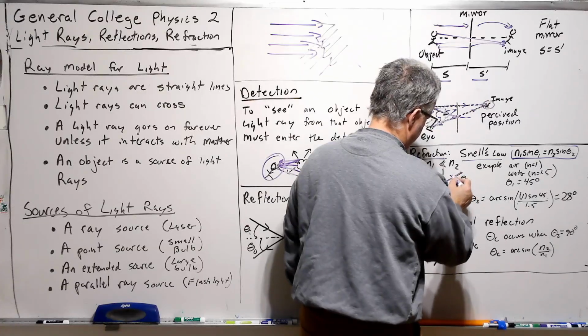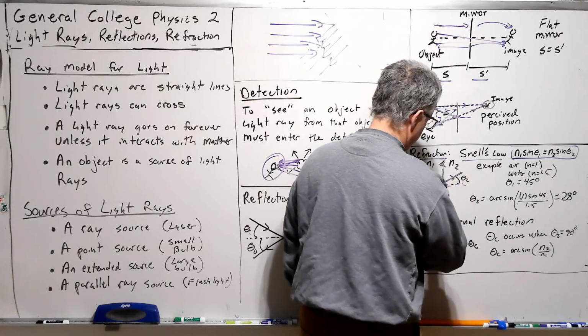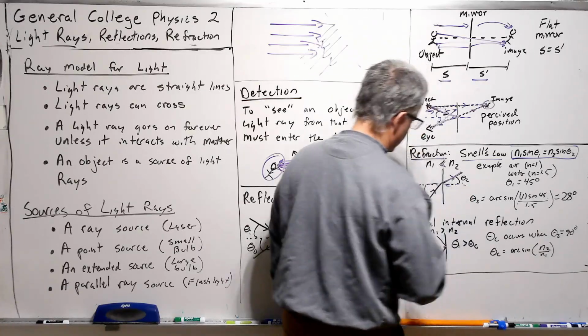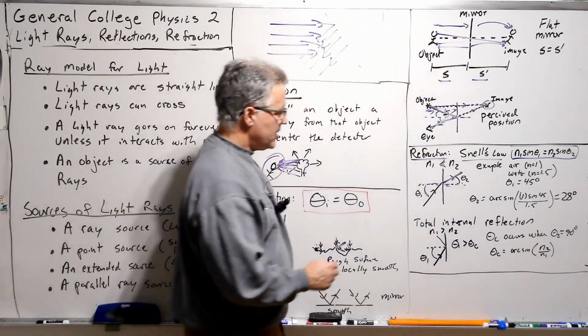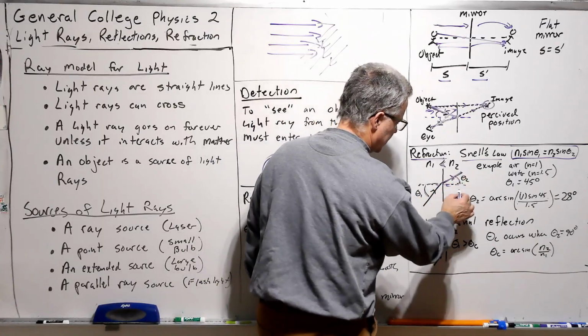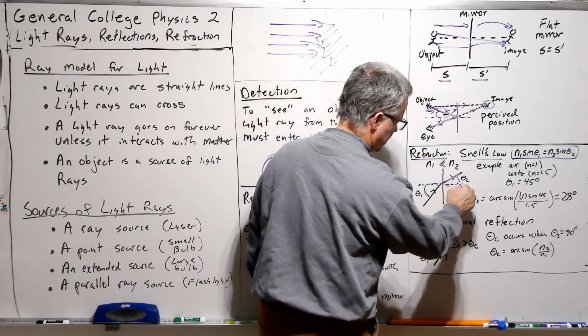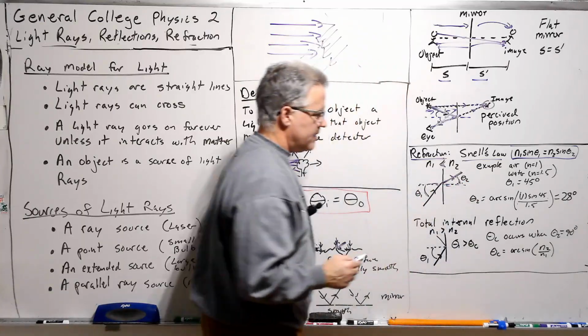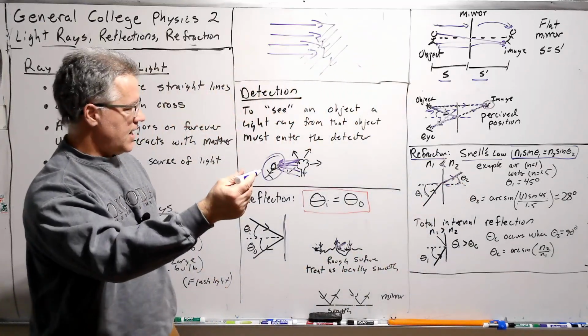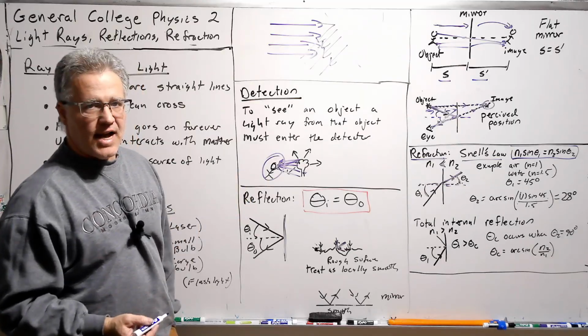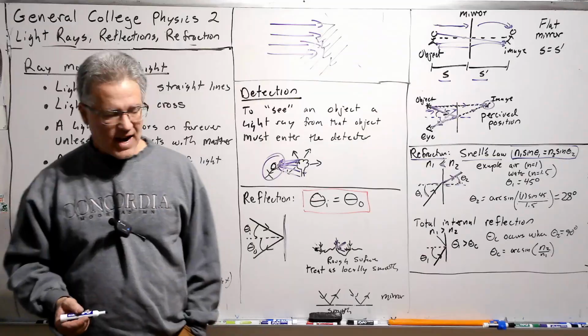So we measure again according to this normal, but now we measure on the other side because we penetrated into this region here, and we're comparing again the incident and the outgoing angles at different indices of refraction.